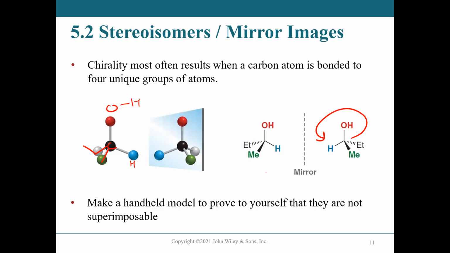The OH is not going to change because we're turning it around the OH, so nothing's going to happen there. This hydrogen is going to be here. Coming out right here will be the methyl group, and coming in will be the ethyl group. So take your models and see if you get the same thing.